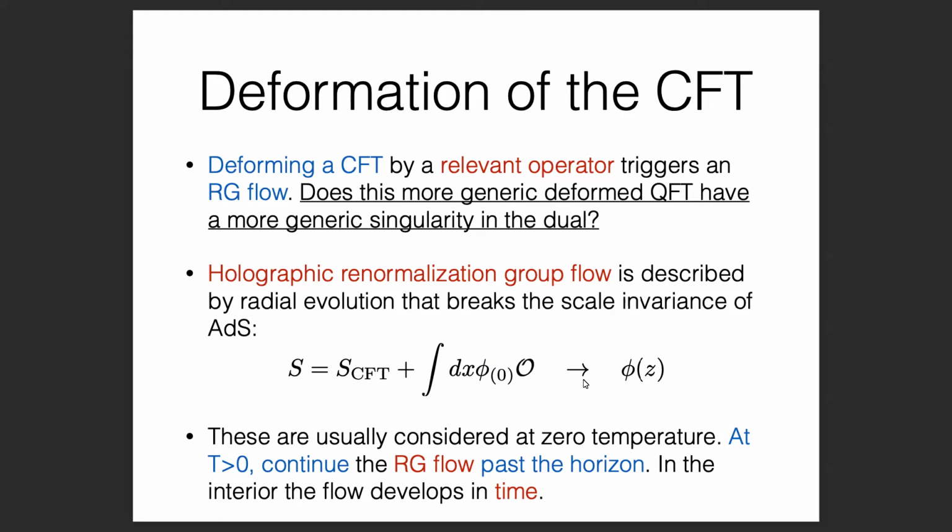We know how to do this very, very well. I'm going to take this dual theory and deform its action by some operator. For example, this could be a mass term in your mind, you're giving a mass to some of the fields.